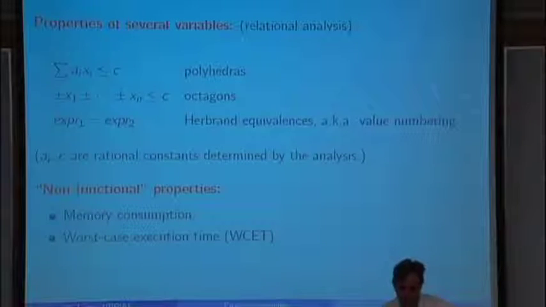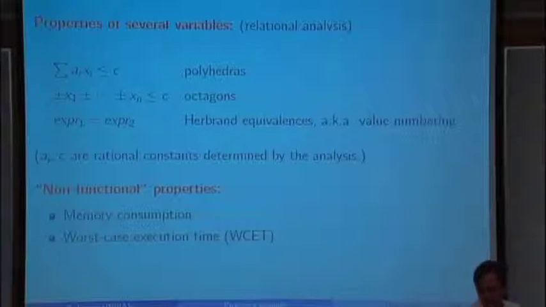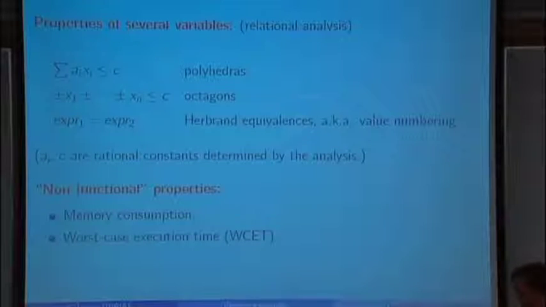And now relational analysis gives more information, but is also much more costly. Typically, you have linear inequations between the values of several variables, x1, the xi's. So the ai's and the c's are constants determined by the analysis, generally rational constants.